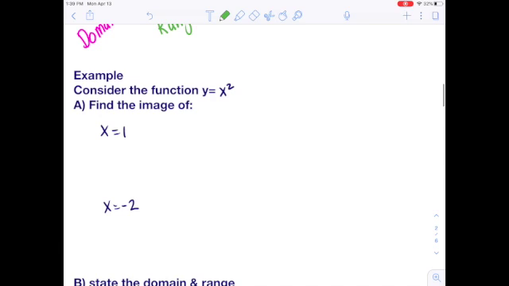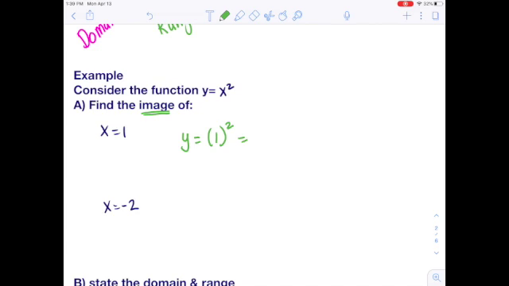A few examples. You could consider the function y equals x squared. And if it asks you to find the image, you're looking for the corresponding y value given an x value. So for our first part A, if x was equal to 1, all you would do is plug in 1 and figure out your corresponding y value.